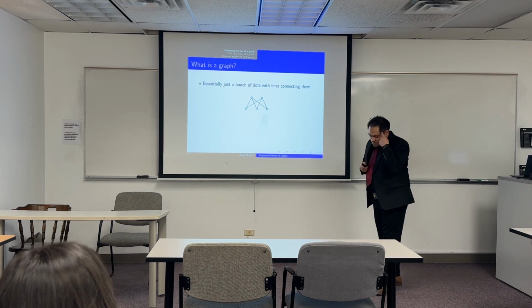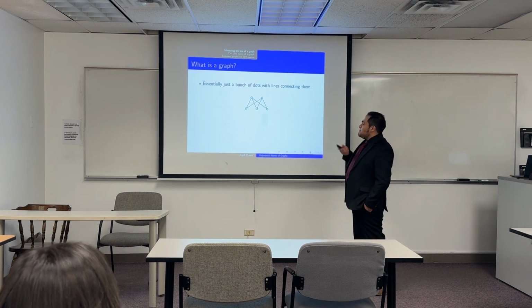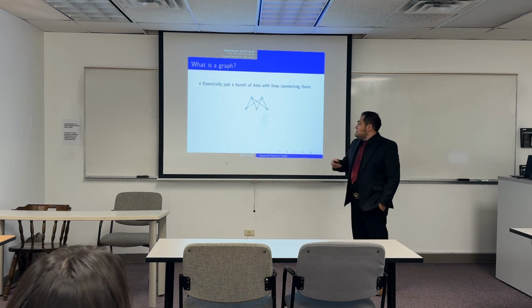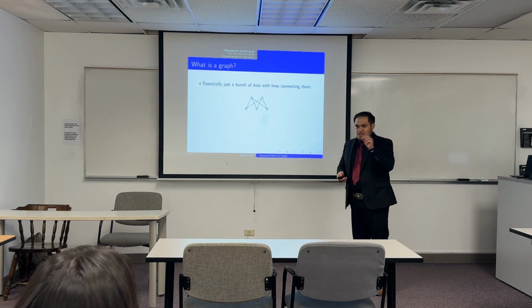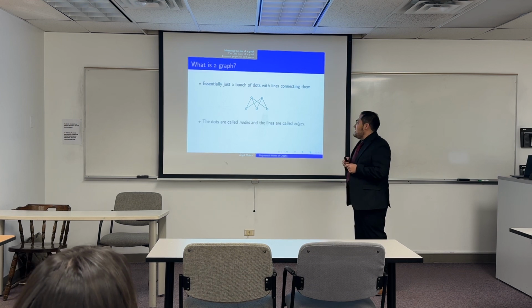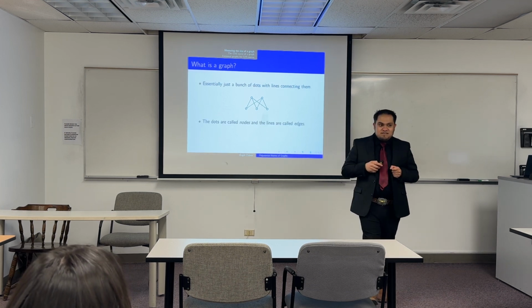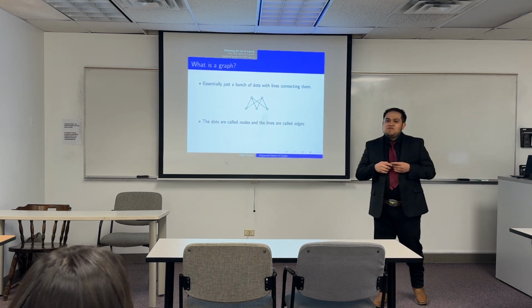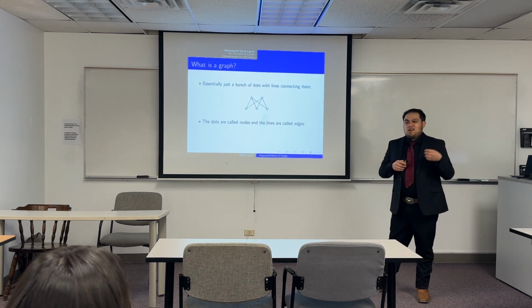Okay, so what is a graph? Essentially, it's just a bunch of dots with lines connecting them. This is an example of a graph. I have dots and I have lines connecting them. Now, the number of dots is called the order of the graph. And the dots themselves, we call them vertices, or sometimes we'll call them nodes.